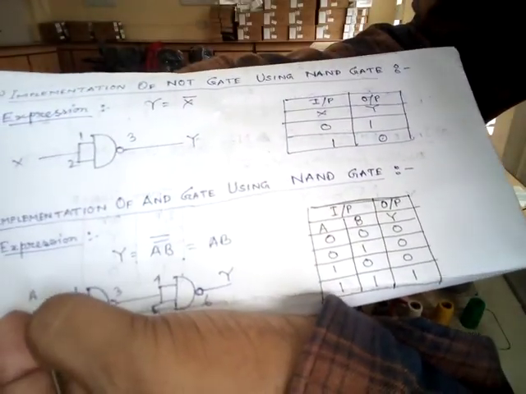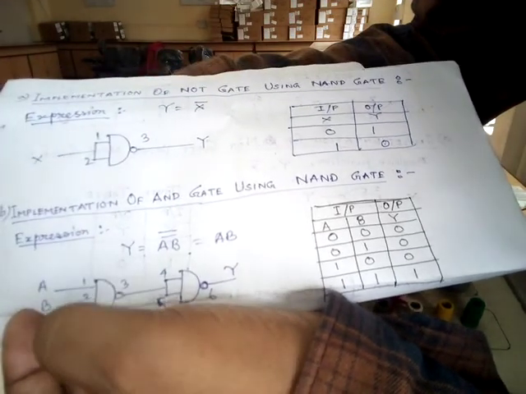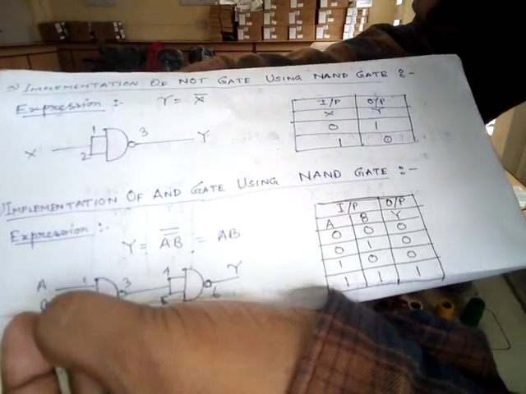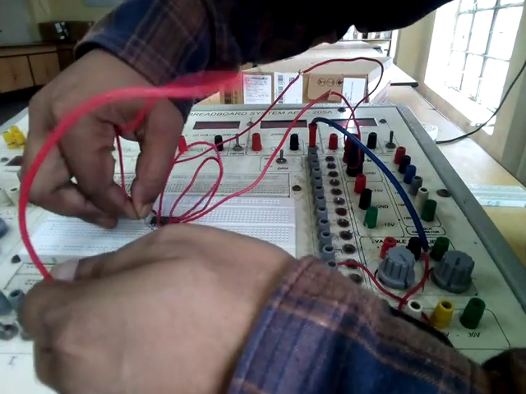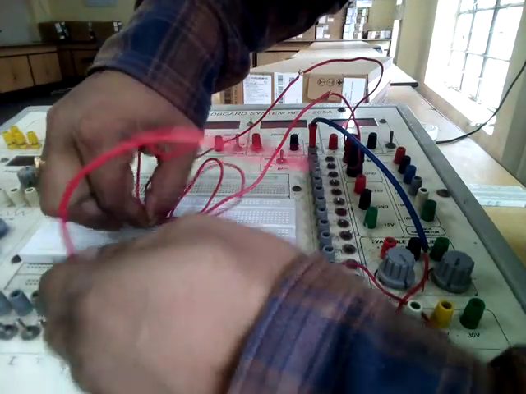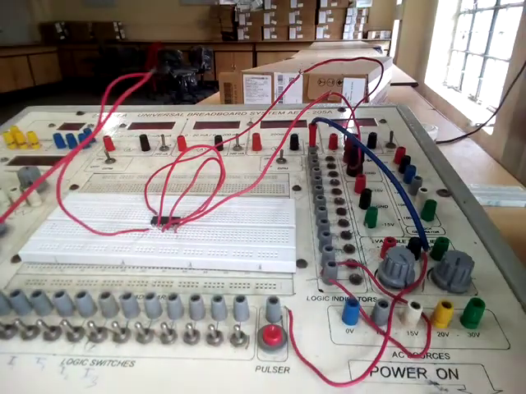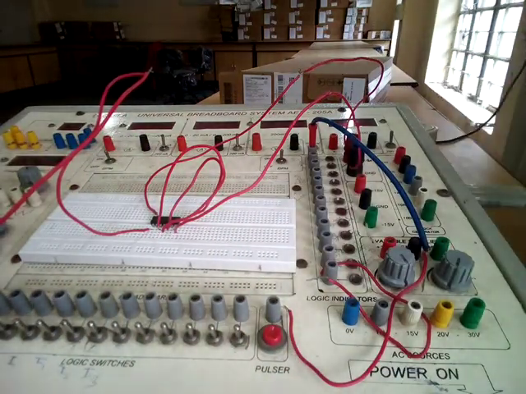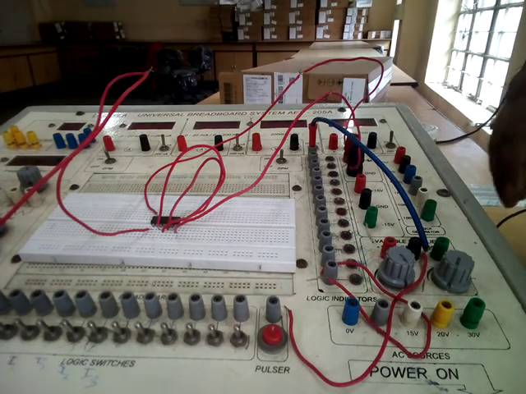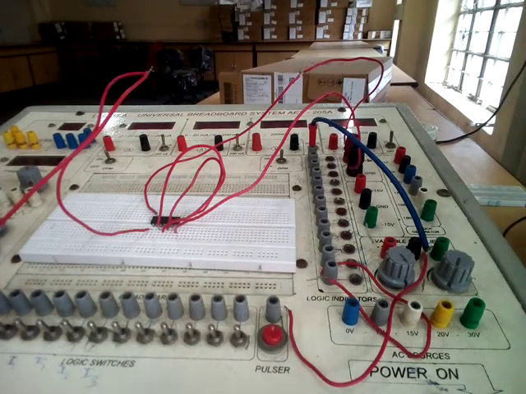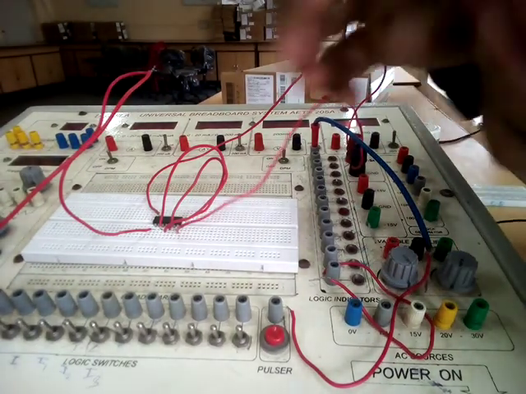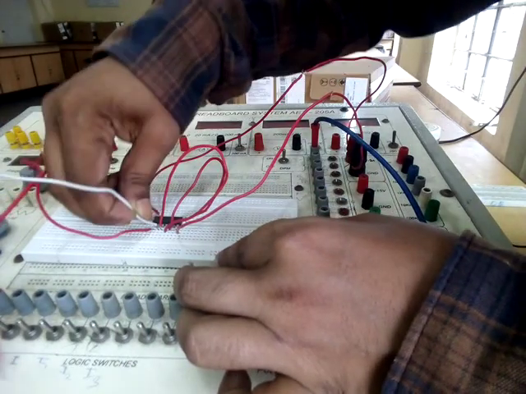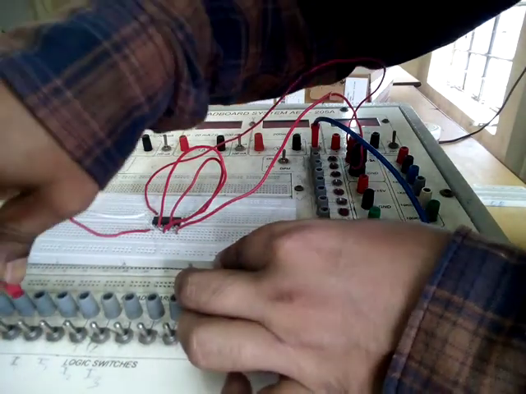From pin number 1 we give a single input, and pin number 2 gets another input. So pin number 1 connects with one input, and pin number 2 connects with another input.